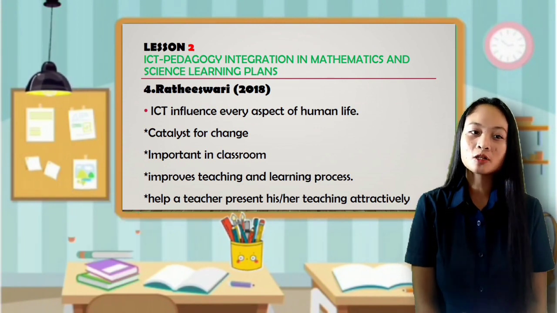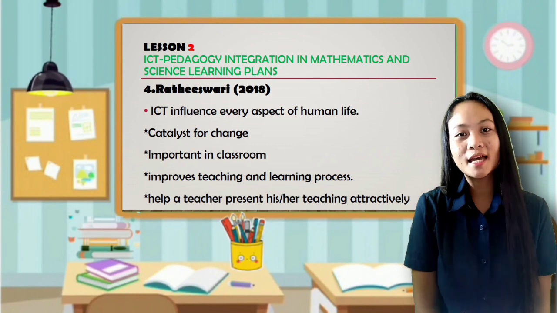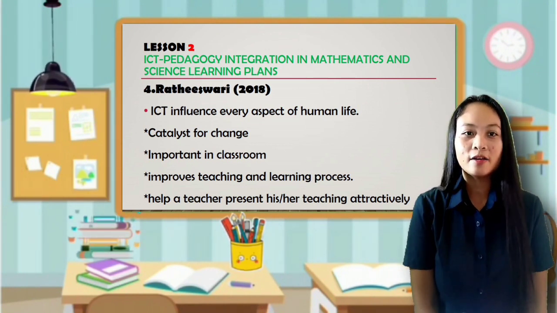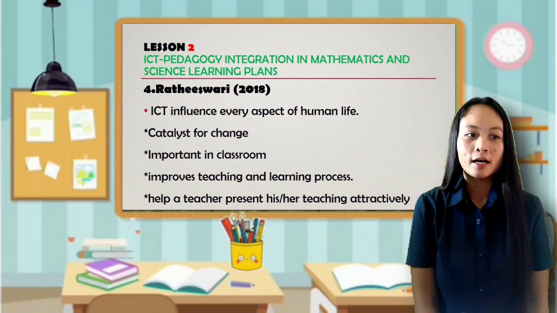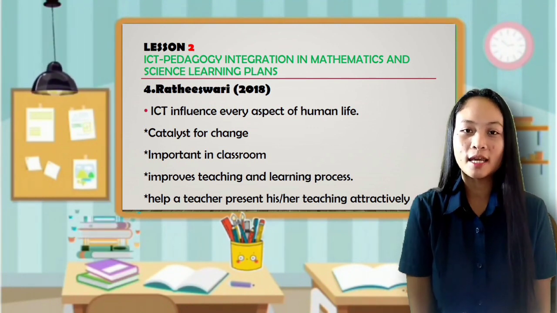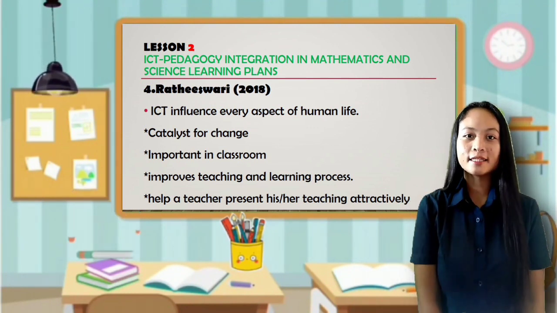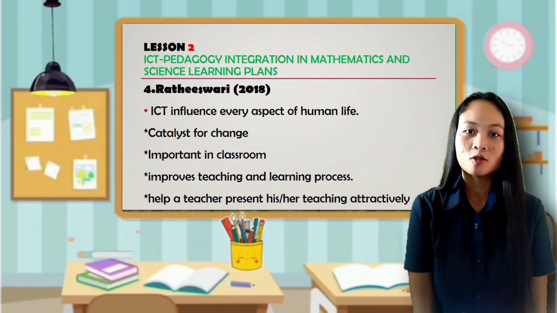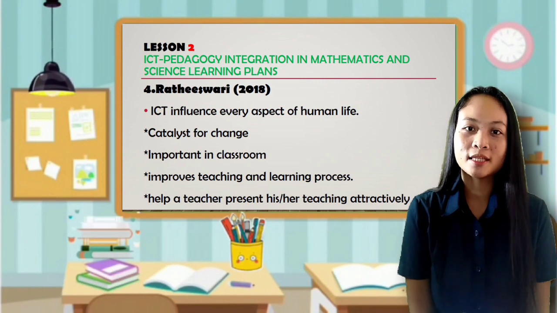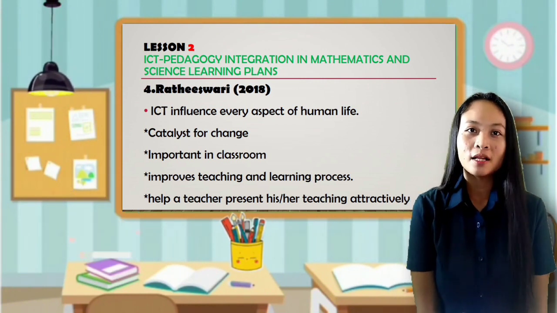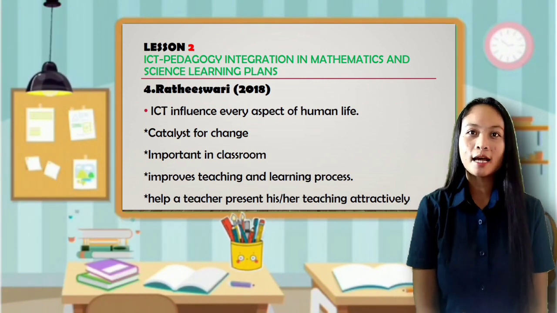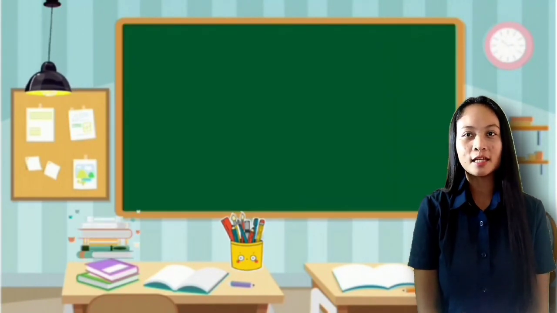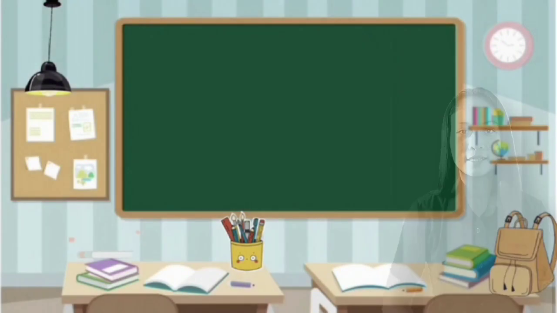They play salient roles in the workplace, business, education, and entertainment. In short, according to Ratiswari, 2018, ICT helps the teacher teach easier, or it helps to make the teaching and learning process easy.